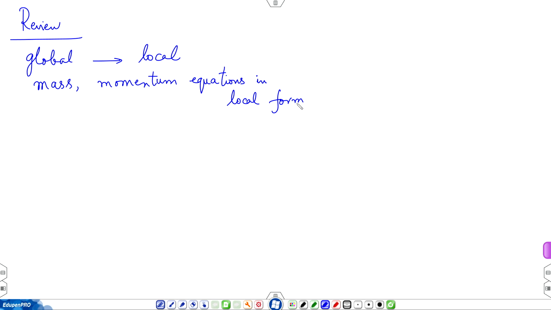Then we found that these have to be supplemented by a material behavior function called the constitutive relationship, which related stress to strain rate.